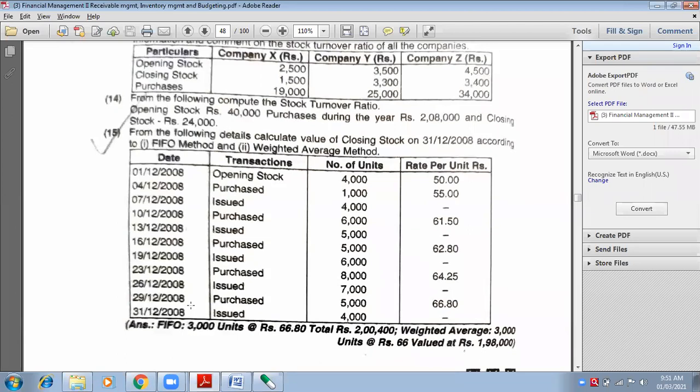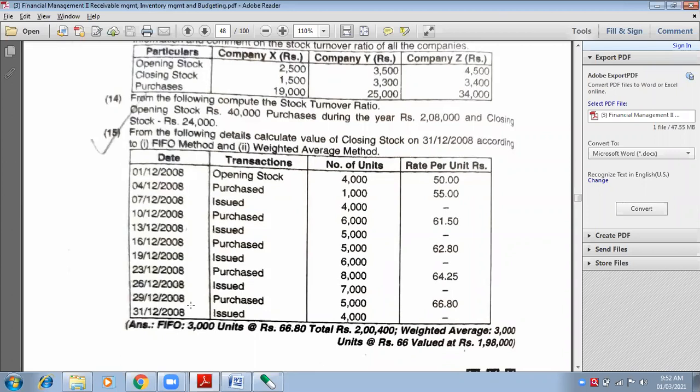Shall we do weighted average and then the FIFO method? Both are coming to you, ma'am. Yes, but still, because we have time, we will do one more sum. The weighted average is okay? Yes. So let's start with the weighted average method.